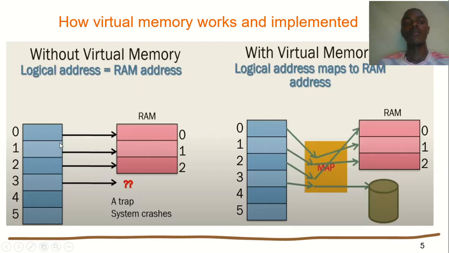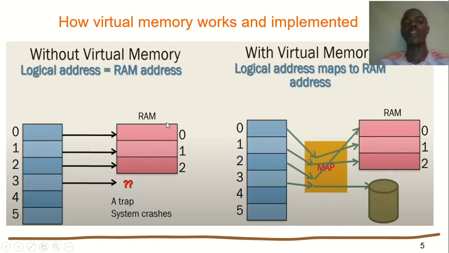This diagram on the left shows the computer without virtual memory. Suppose page 0 requests storage space in the physical RAM, they assign it a portion of the RAM. Page 1, they assign it a portion in the RAM.